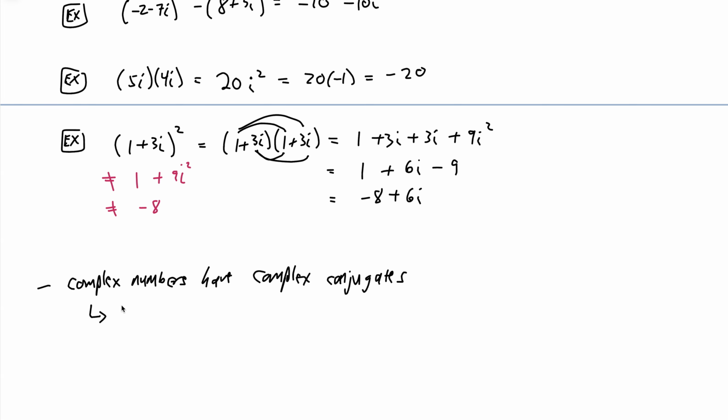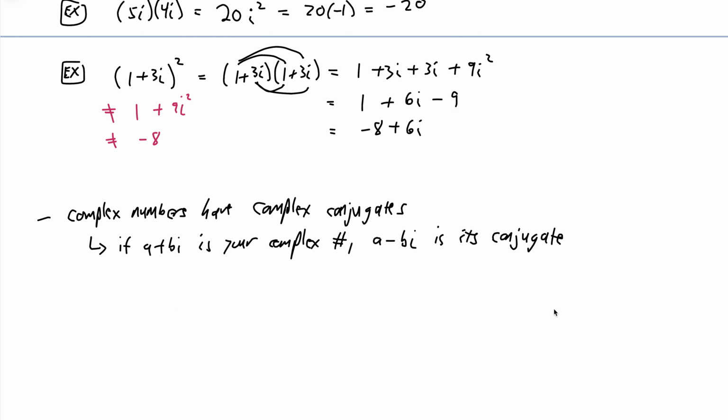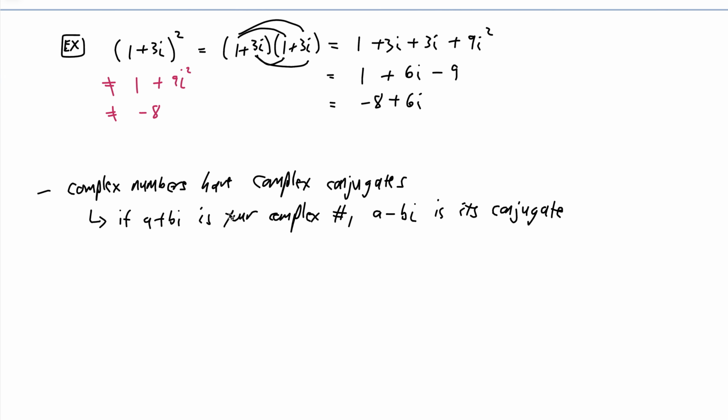Well, if a plus bi is your complex number, then a minus bi, which is literally just the same thing, the sign in the middle gets changed, right? The sign on the imaginary part gets changed. This is its conjugate. Okay? So complex numbers, they have these conjugates. It's the same format. You just change the sign on the imaginary part. Okay? So instead of plus b, it became minus b or vice versa.